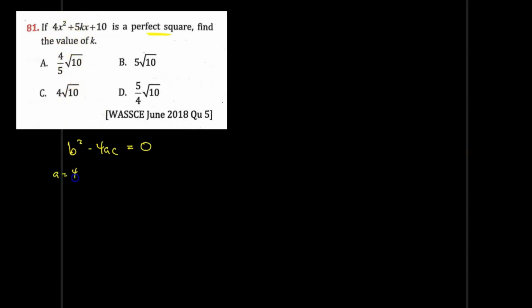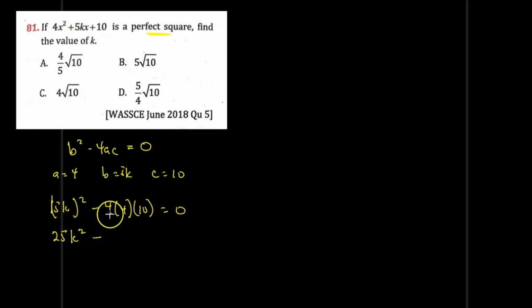Our a is 4, our b is 5k, and our c is 10. Substituting, we have 5k all squared minus 4 times 4 times 10 equal to 0. So we have 25k squared minus 160 equal to 0.